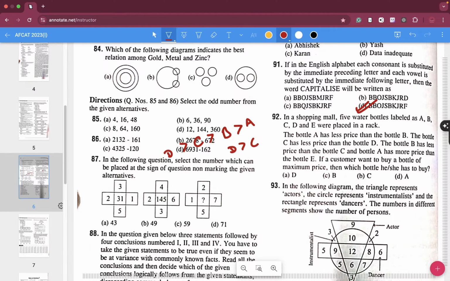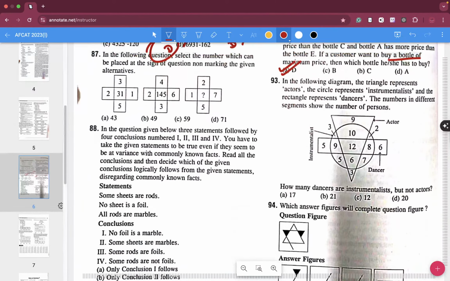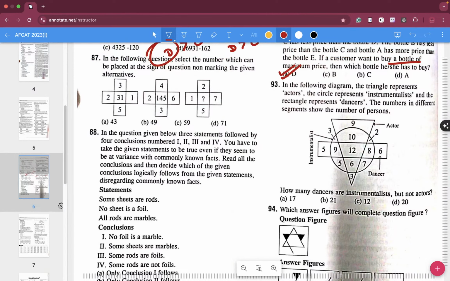And bottle A has more price than bottle E. If a customer wants to buy the bottle of maximum price, which bottle? D is what that person will have to buy.